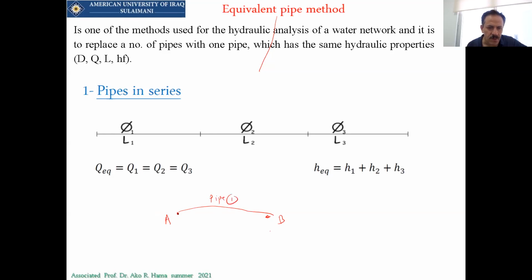We have another pipe from A to B, this is pipe 2. So pipe 1 and pipe 2 are connected together.